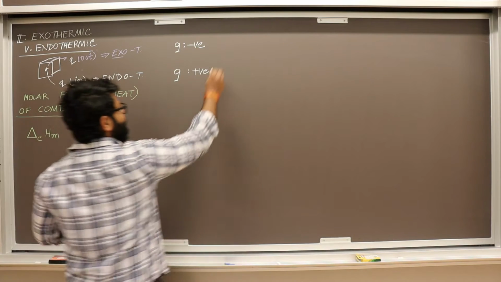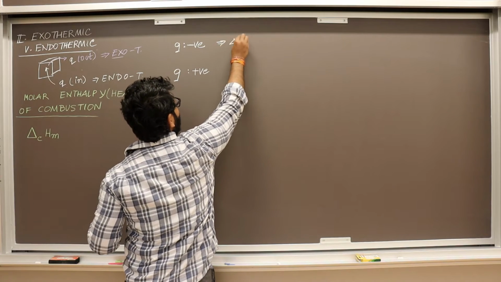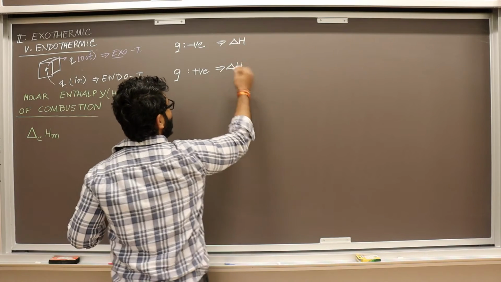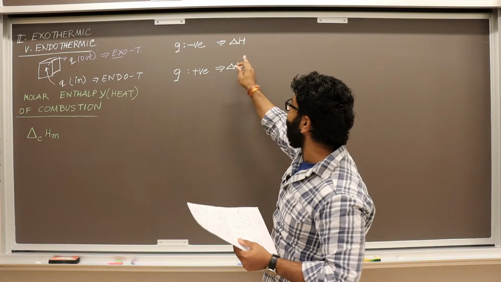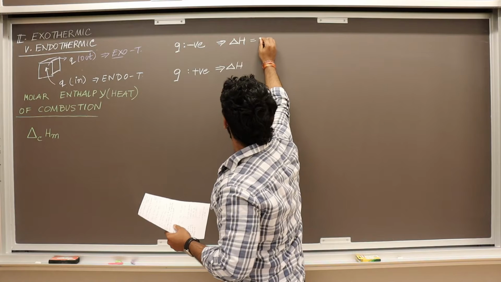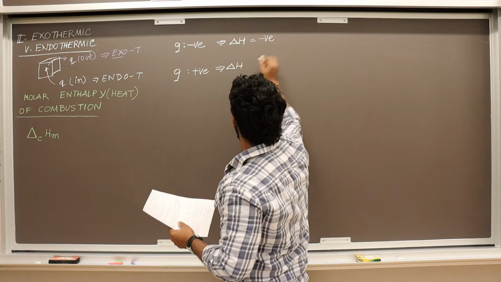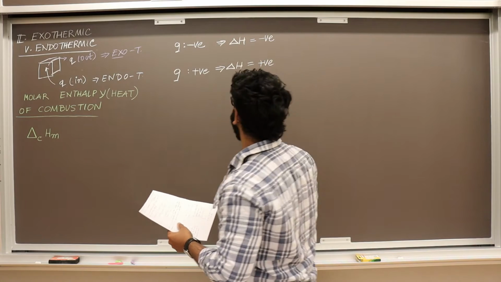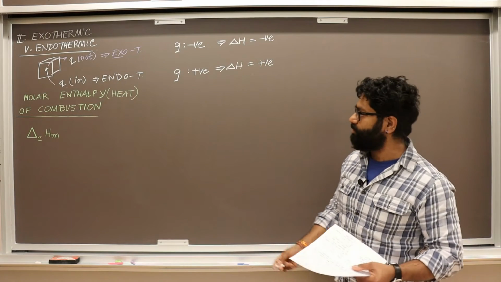A similar convention is taken by delta H, the enthalpy change of the reaction. So all exothermic reactions will have negative values and all endothermic reactions will have positive values. This is a general convention that is being used.